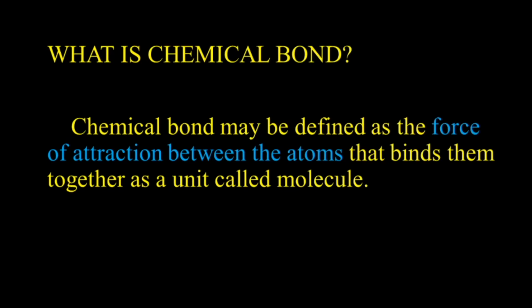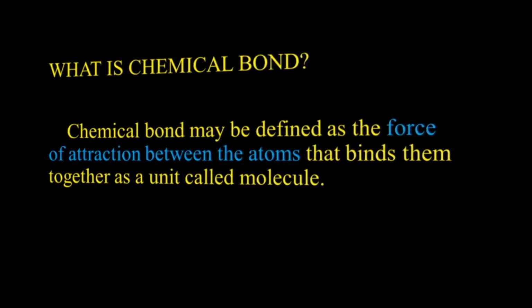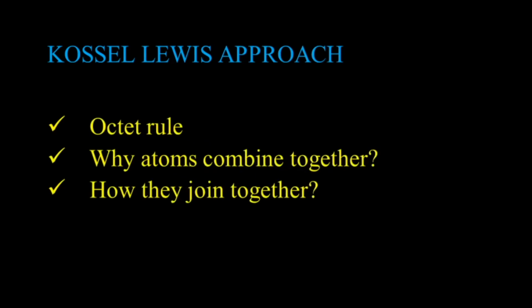These are the things we have learnt already, and we discussed the Kossel-Lewis approach to chemical bonds. He gave a successful explanation based upon the electronic configuration of noble gases, and discussed why atoms combine to form molecules, how atoms combine, and why some atoms undergo chemical reactions and others do not.